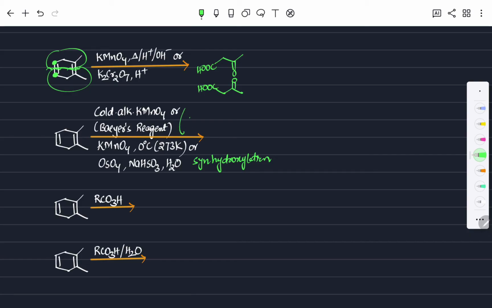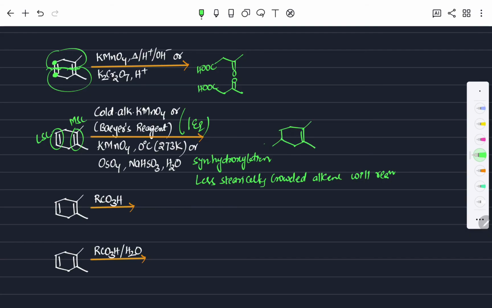Therefore, if we take one equivalent, the less sterically crowded alkene will react. This is less sterically crowded, and this is more sterically crowded. Here I am ignoring the stereochemistry, so simply we can write the answer.